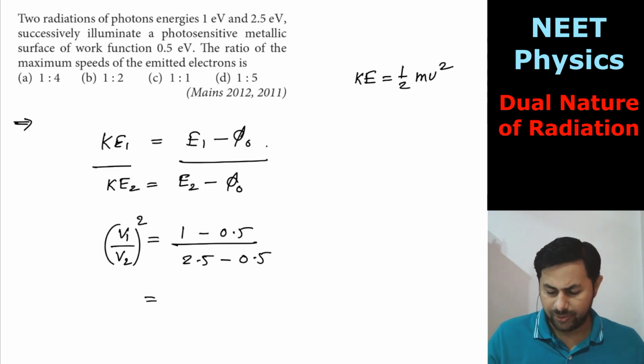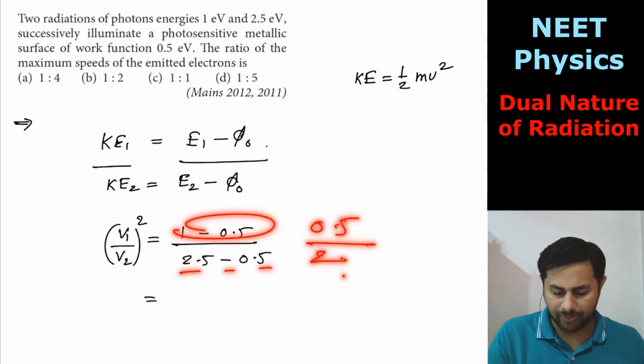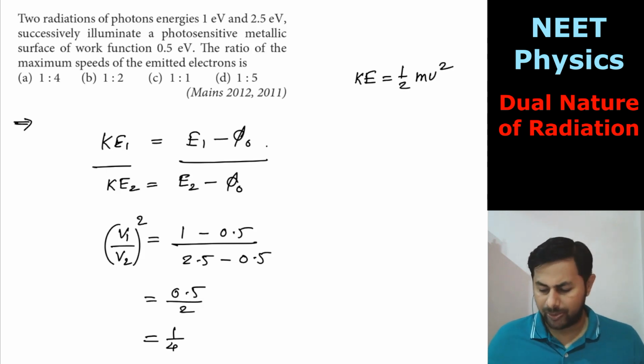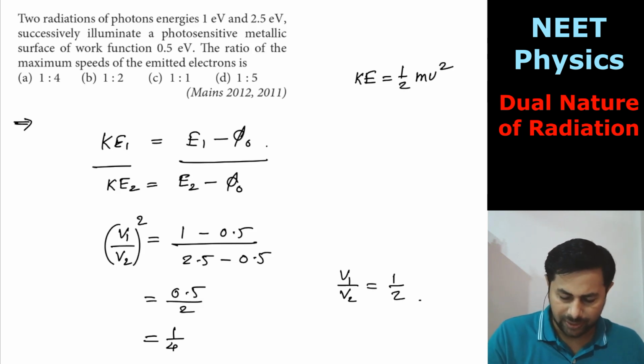So that's equal to 0.5 divided by 2.5 minus 0.5, which is 2. 0.5 divided by 2 is 1 by 4, right? So if (v1 by v2) square is 1 by 4, what is v1 by v2? v1 is to v2 is 1 is to 2. Okay, so it is option B.